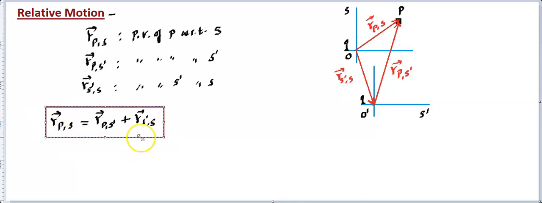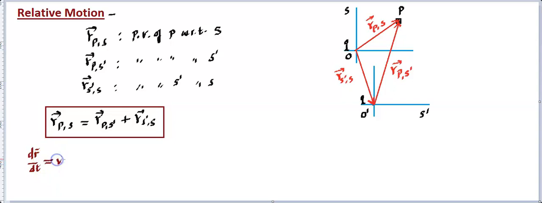If this is the relation among positions, we can differentiate both sides in order to get the relation among velocities. When we differentiate, it will become dr by dt, and they will have corresponding symbols. So dr by dt becomes velocity.